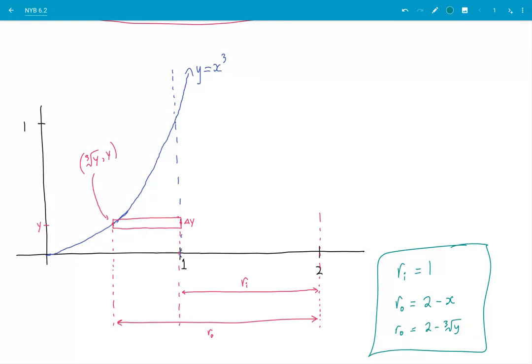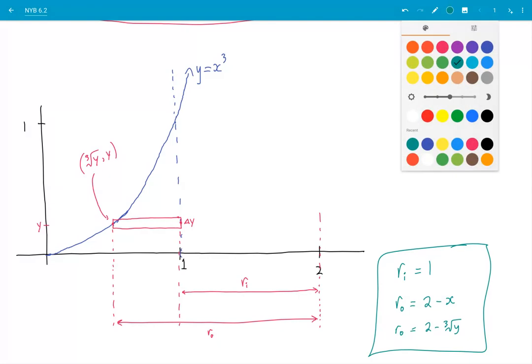With this rectangle as I've drawn here, once again I got a delta y, so I should take my point and eliminate all the x's before I proceed. Inner radius is fixed. It doesn't change. It's always just 1. The outer radius is the tricky bit.